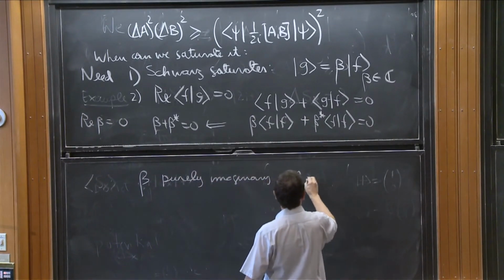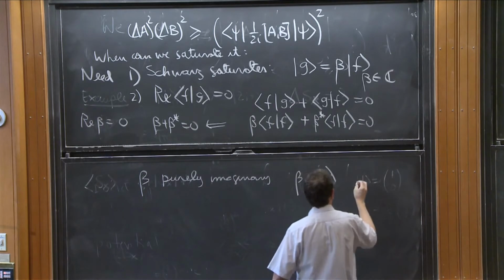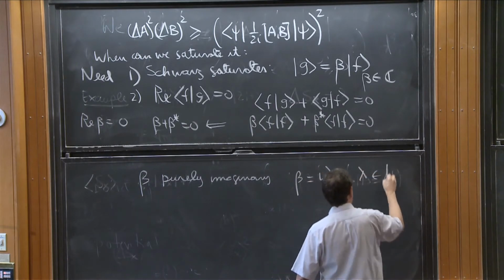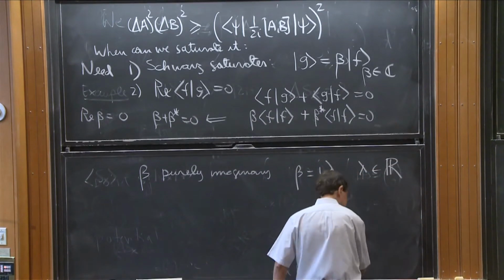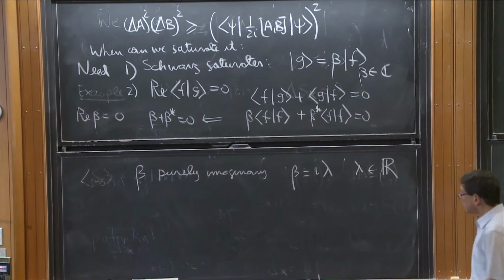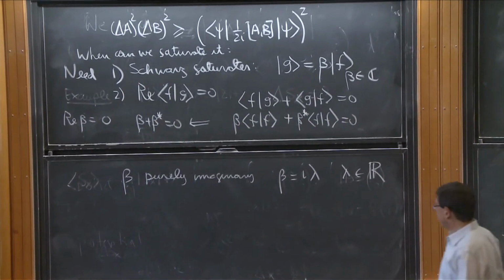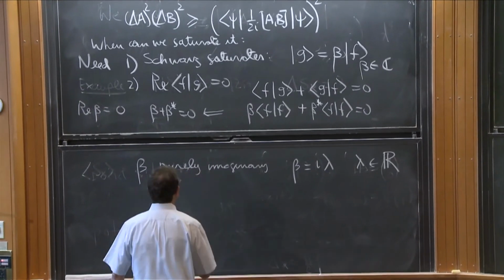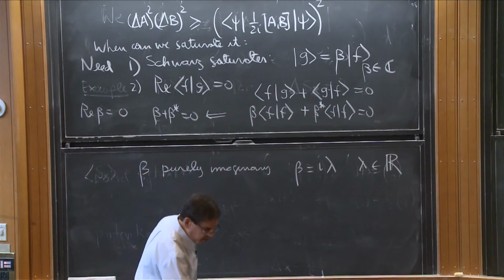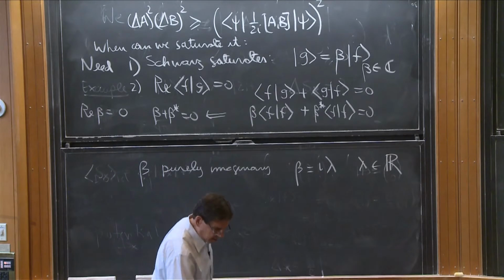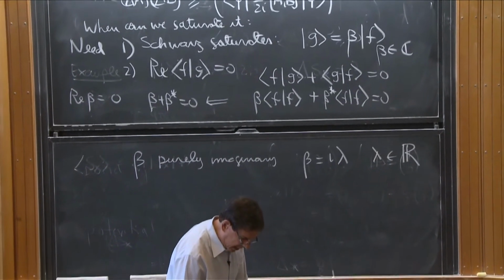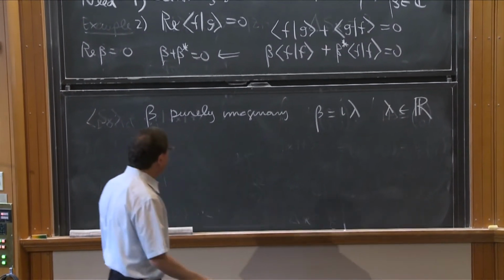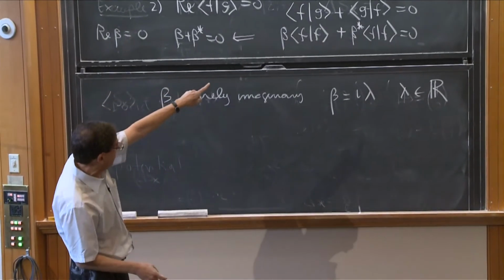That is, beta is equal to i lambda with lambda real. And we then are in shape. So for saturation, we need just G to be beta F.